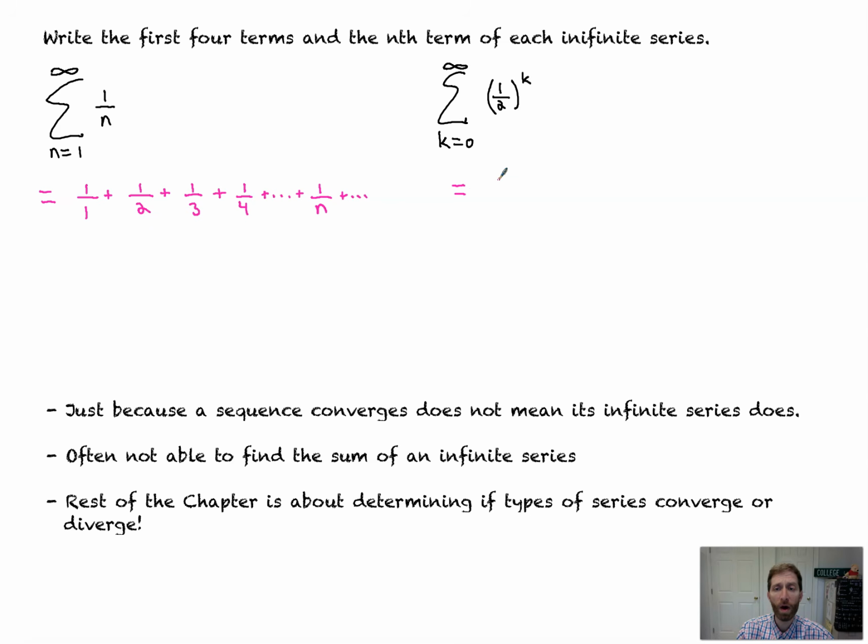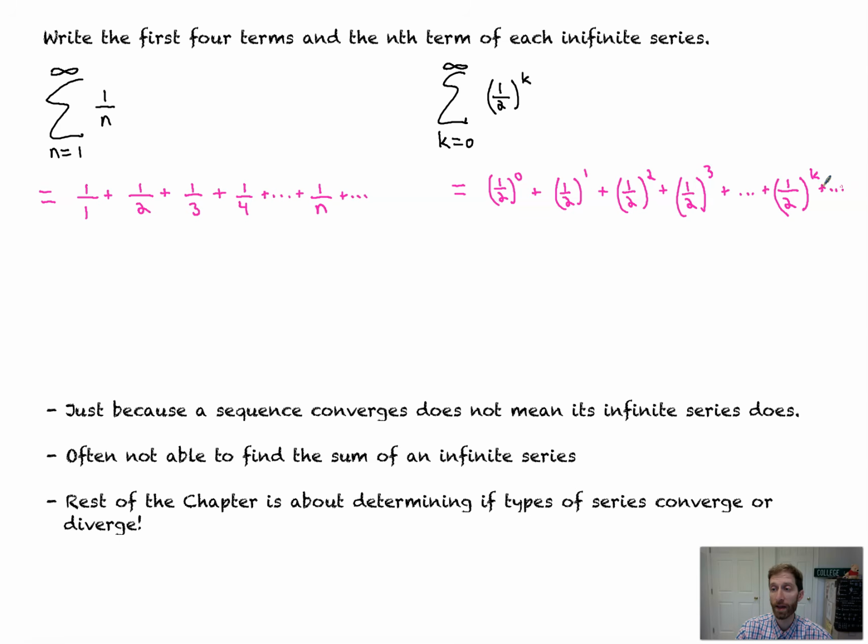So this is going to be 1/2 to the 0. That's what this pattern is telling us to do, plus 1/2 to the 1. We'll do the first 4 terms, plus 1/2 to the 2, plus 1/2 to the 3. That's the first 4 terms, plus dot dot dot, plus, and now we're going to put 1/2 to the k, or 1 over 2 to the k, however you want to write it. Does not matter.